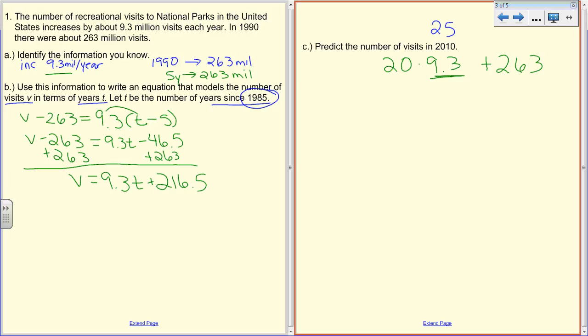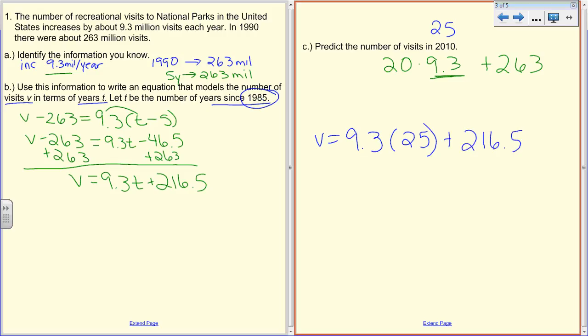And so the way we would use the 25, Seth, is to actually plug 25 in for t in that equation. So there's two ways we can do it. If we look at it how Isaiah did, I have to add that on to the 263. If we look at it how Seth did, and we look at it from the starting point of this problem, I can simply take 25, plug it in for t, and add that on to 216.5.